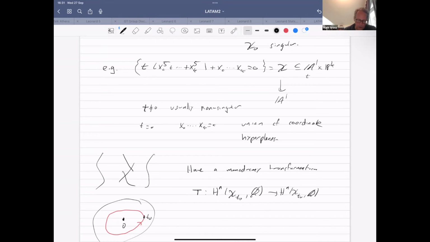So what you do is you take a cohomology class over here, over T0, and you follow it around the loop. And when you get back, you might get back to something different.